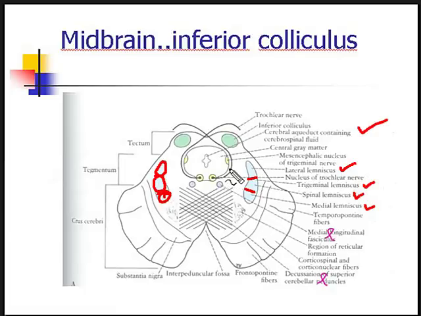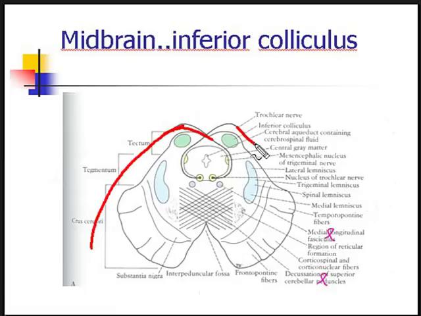Whenever we drew the nuclei, we always showed them emerging ventrally, because this is the ventral aspect and this is the dorsal aspect. In the case of the trochlear nerve, notice how it comes out here, then crosses over up here and goes off, and that's how you see it on the lateral aspect of the crus. This 4th nerve nucleus is seen at the level of the inferior colliculus.